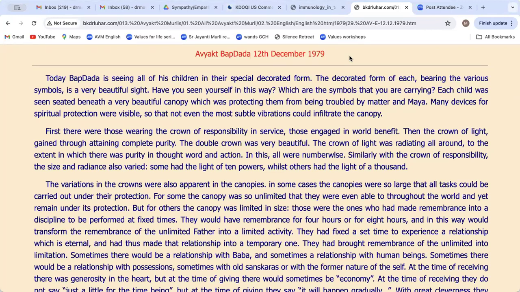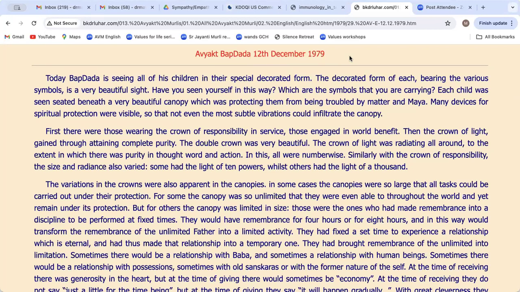So wonderful. Baba is very deeply saying that complete purity actually has a lot of other meanings as well. Baba is referring here to Mansa Vacha Karmana. So how pure I am in my thoughts, whatever thought I create, the same I speak, that is in my words, and the same I act or perform in actions.